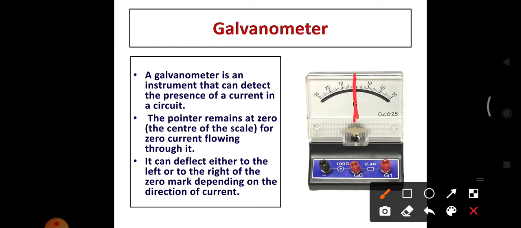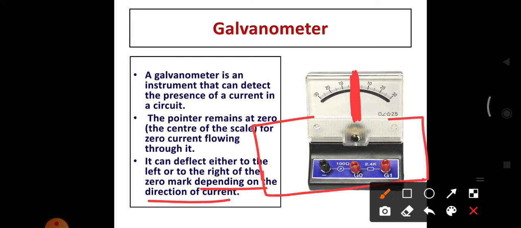When there is no current in the circuit, the galvanometer shows 0 reading. It can deflect either to the left or to the right of the 0 mark depending on the direction of the current. If the conductor has current, this needle can deflect right or left according to the current direction.